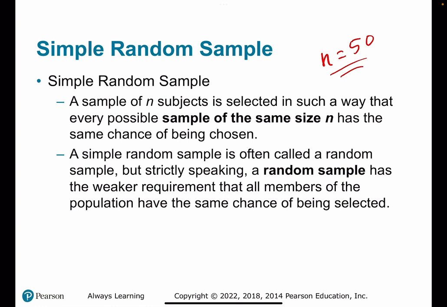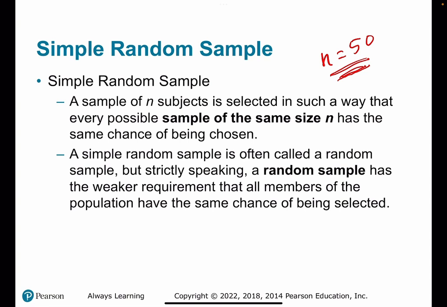And what needs to be true if the sample that is selected is a simple random sample is that the probability that this particular sample that we select gets selected needs to be exactly the same as the probability that any sample of size 50 would be. In other words, the probabilities need to be exactly the same for any subset of size 50. And if our selection was done so that that's true, then we have a simple random sample.